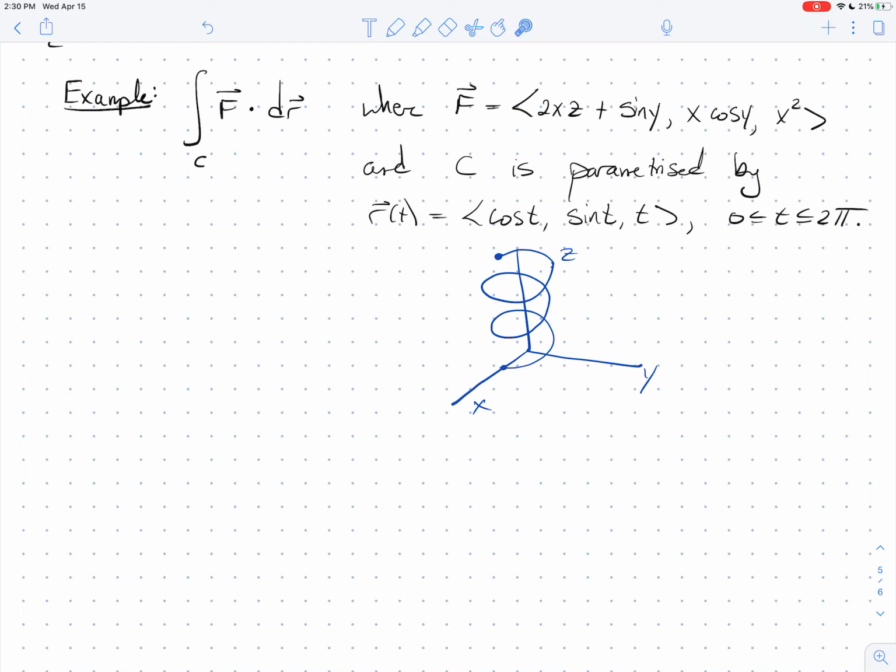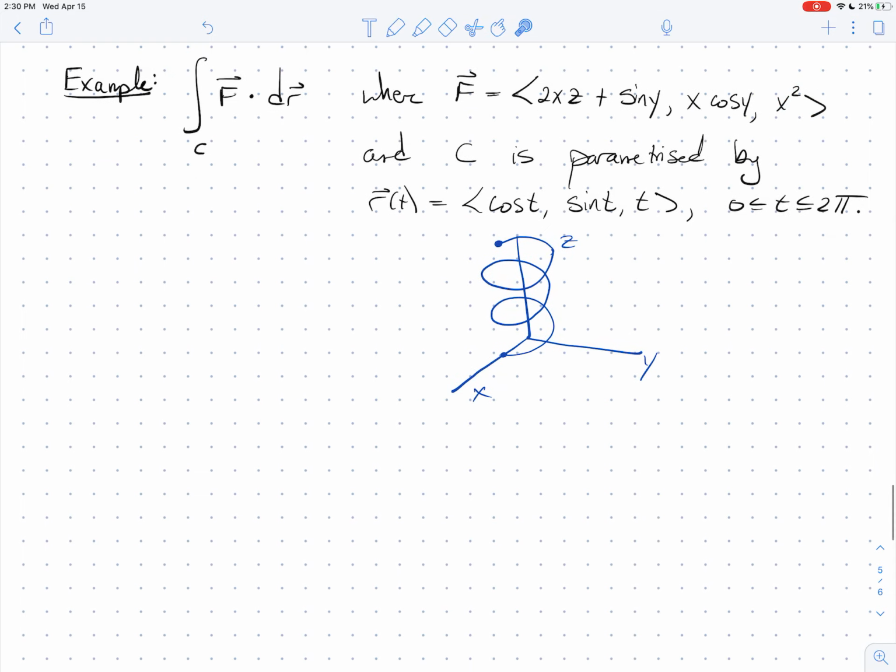So our curve is not closed. If it was, we could hope that this thing was conservative and then just write down 0, but it's not closed, so the answer may not be 0. It still could be. Now we want to figure out whether or not this function F is conservative. Unfortunately, we can't use our little test, is P partial y equal to Q partial x, because there's this third component.